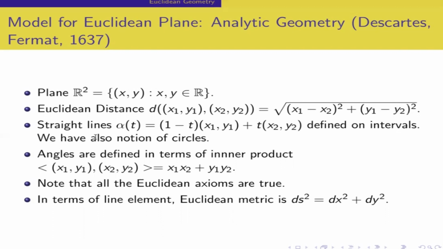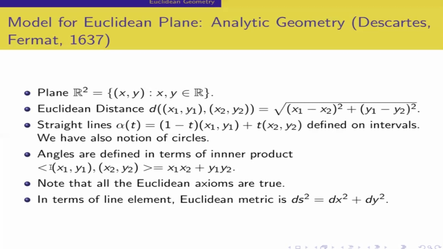Similarly, we have the notion of circles also. And angles you can define in terms of the inner product. What is an inner product in R2? You take again two vectors (x1, y1) and (x2, y2). The inner product is defined to be equal to x1 x2 plus y1 y2.